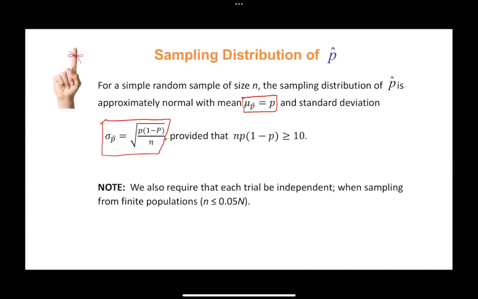And that is only if np times 1 minus p is greater than or equal to 10. Also, in order to decide that our trials are independent, our sample size has to be smaller than 5% of the population. So this is all the same stuff that we did in 8.2.